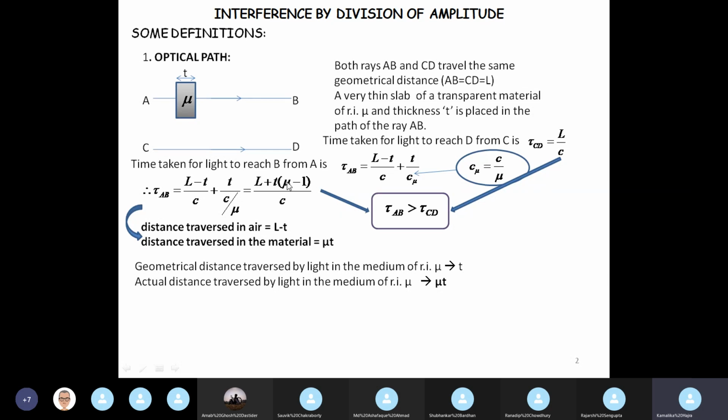If you look at the expression of distance over here, L minus T is the distance traveled in air, whereas the distance traveled in the medium of refractive index mu is not just T, the value of its thickness, but mu multiplied by T. So although geometrical thickness is T, the actual distance traveled by light is given by mu T. This mu T is called the optical path.